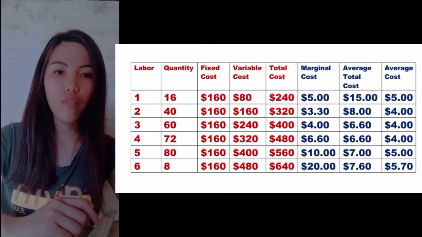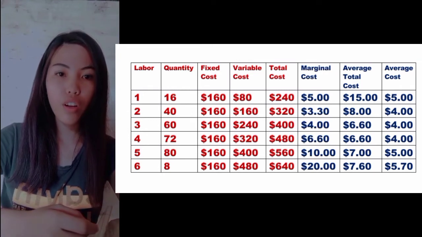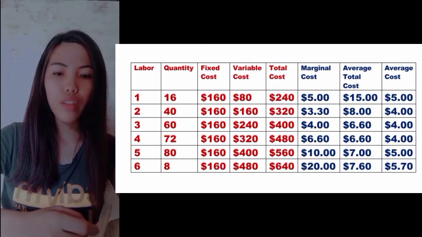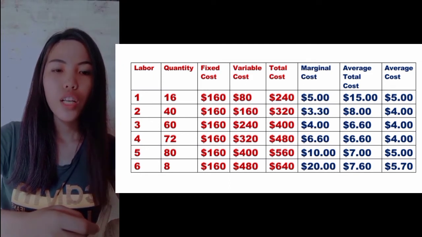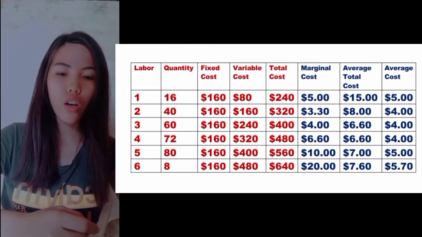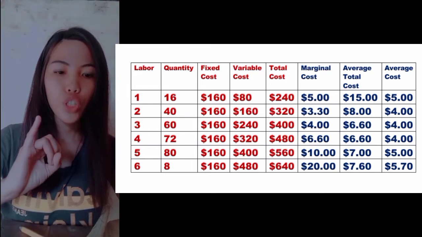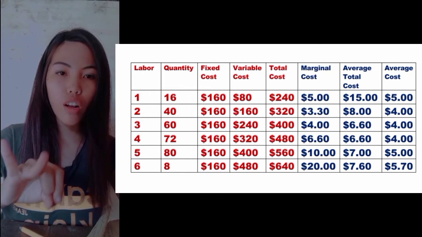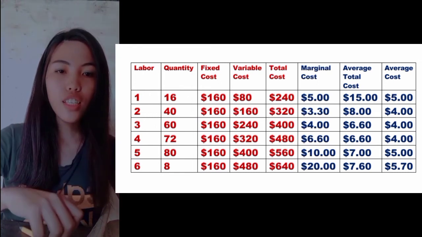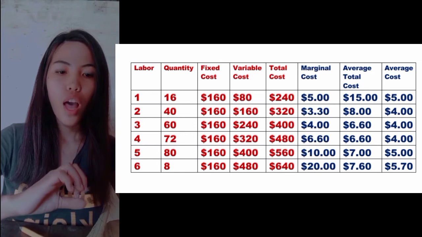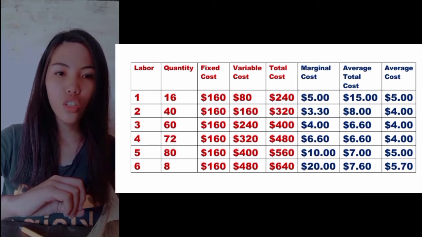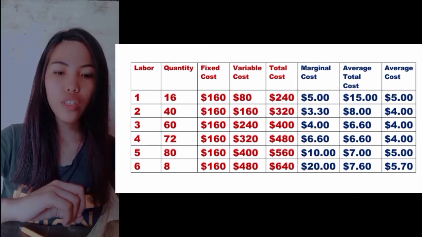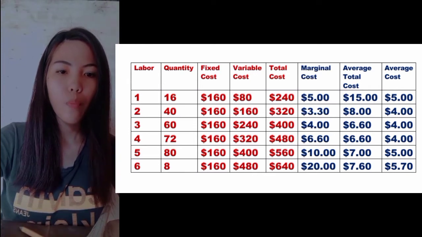As you can observe in table 1, the first 5 columns of this table should look familiar, right? They came from the clip joint that we saw earlier, but there are also 3 new columns showing the average total cost, average variable cost, and the marginal cost. So, these 3 new columns measure the cost on a per unit rather than a total basis.